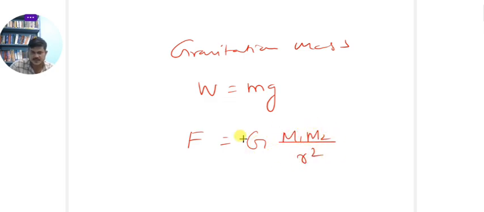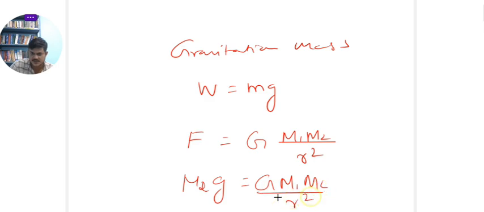Here m1 is the source mass and m2 is the object mass. Clear? Weight is m2 into g. Now G m1 m2 divided by r square.